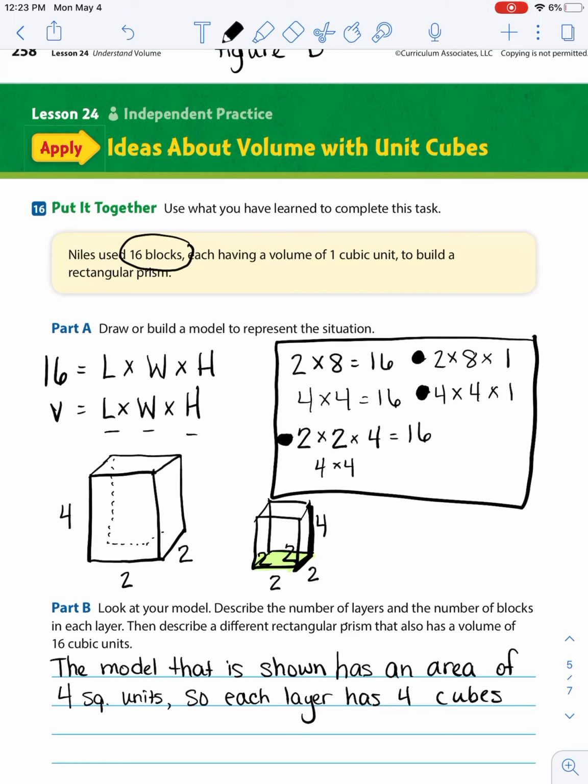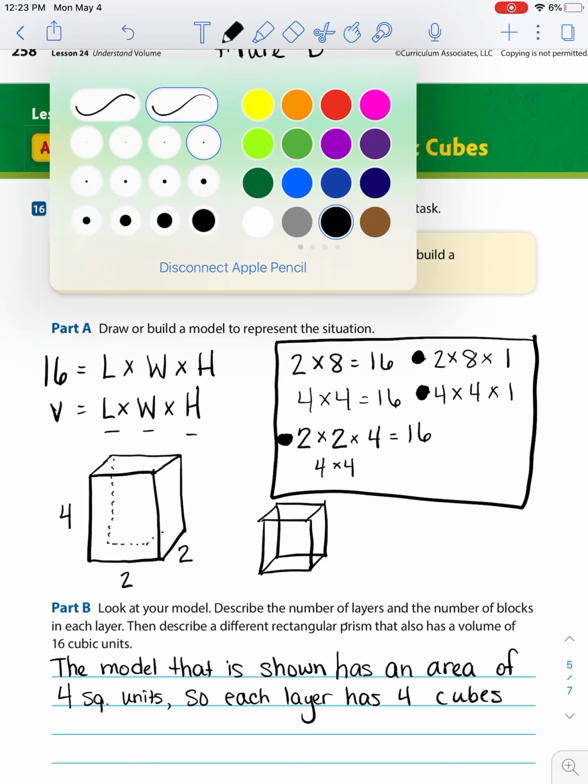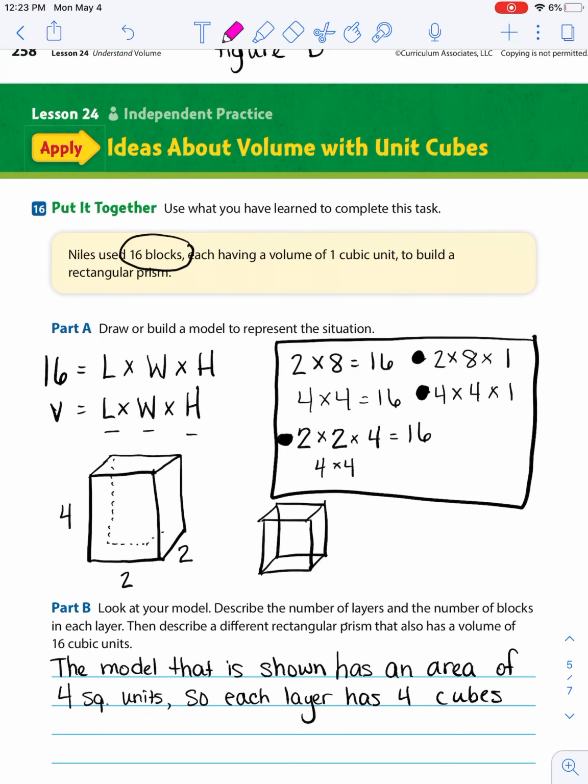So that would mean, let me try to, I want to get rid of this for a minute. Let me redraw that. That means that my shape has 2 cubes that go this way. See?